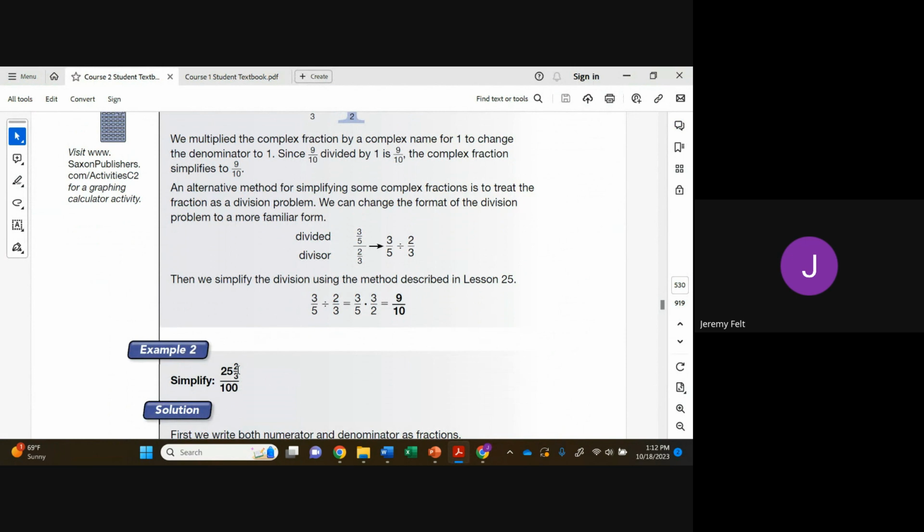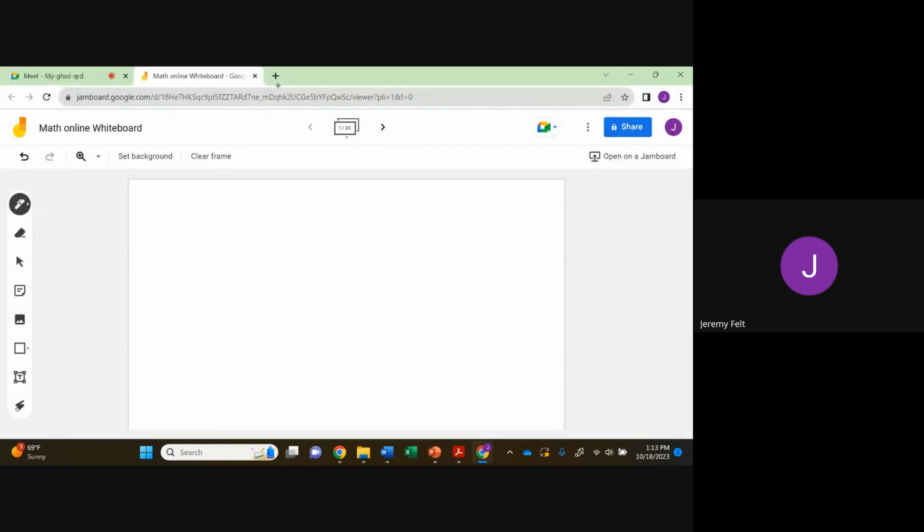If we have 25 and 2/3 divided by 100, again, we can write this as 100 over 1. If that helps us, we can convert this, which we'll need to because we're dividing, to an improper fraction. So 25 times 3 is 75 plus 2 is 77 over 3.